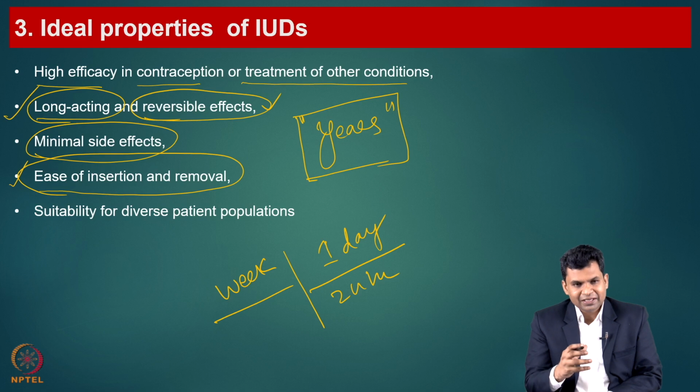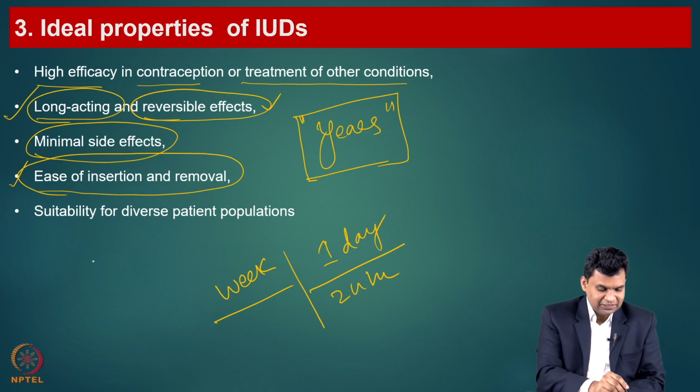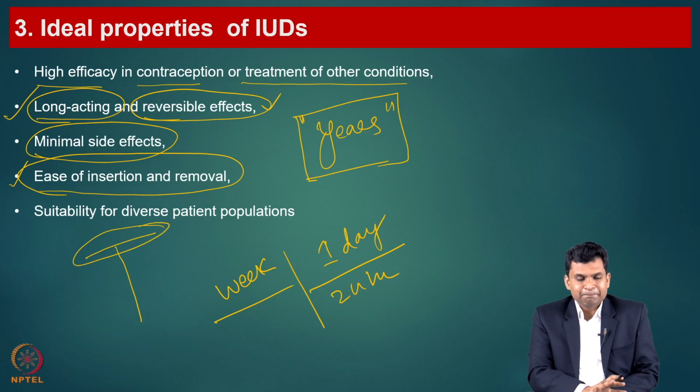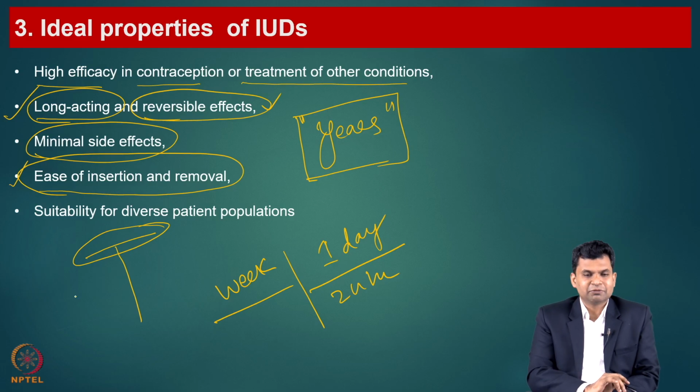You have to make the arms of the device, as we discussed in the T shape, easily foldable, so that it does not create any pain or irritation during insertion and removal, and it should not break at all. This part should not break.